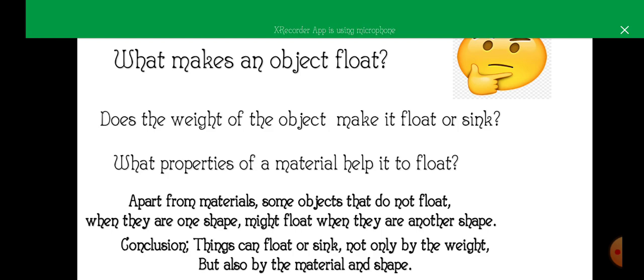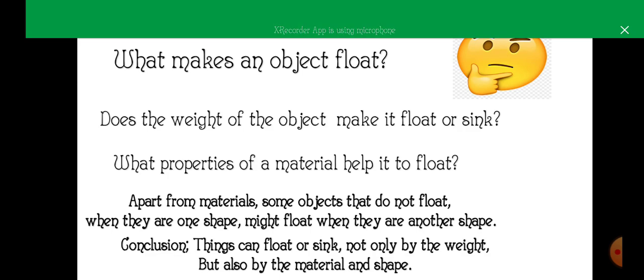Now, apart from material, some objects that do not float in one shape might float when they are in another shape. Part of the reason a ship floats is due to its shape. The shape of that particular ship helps it to float.